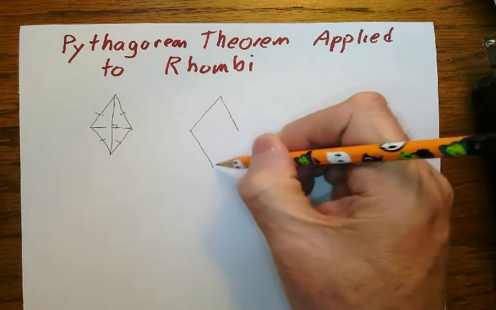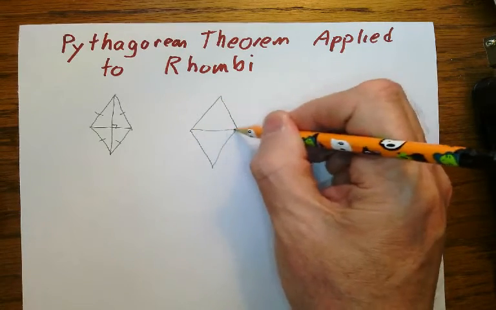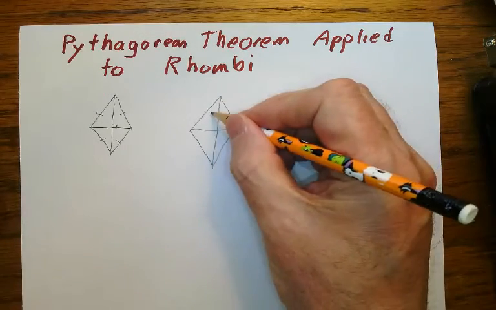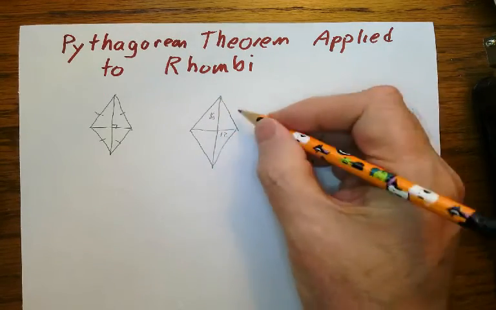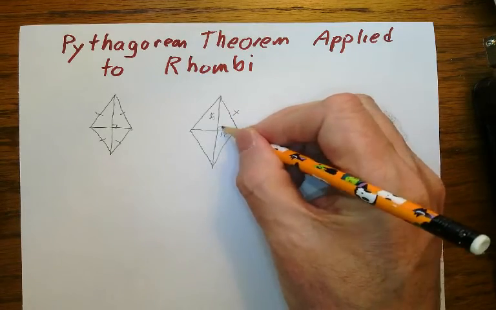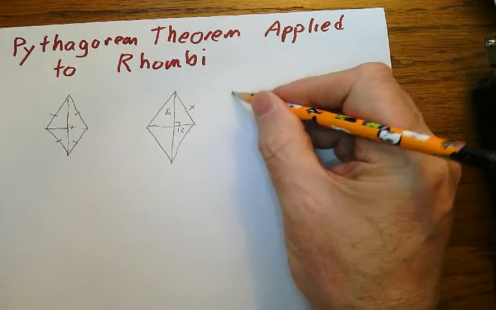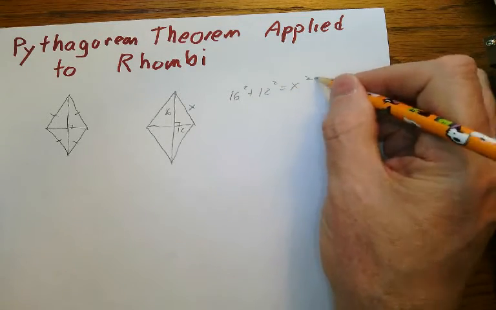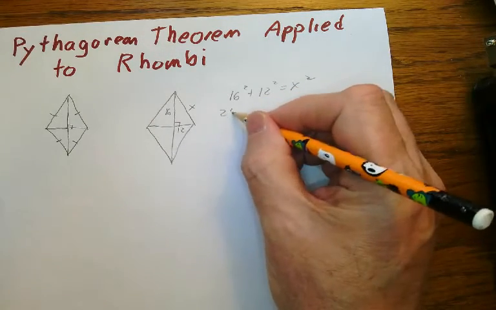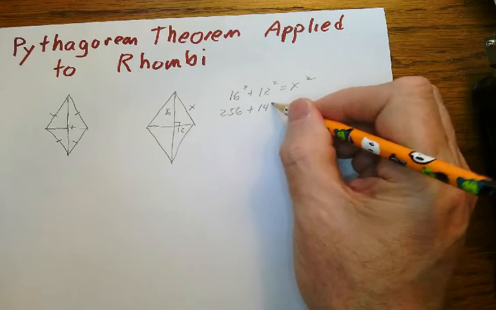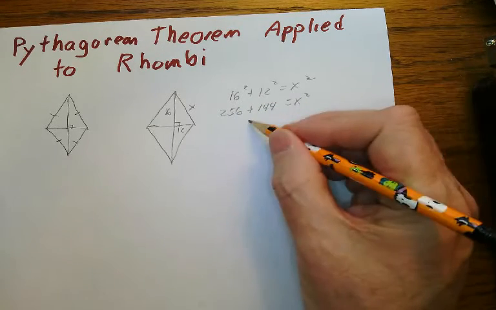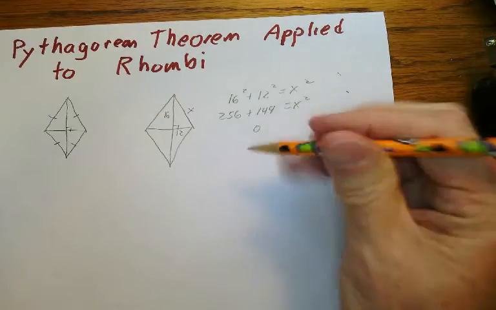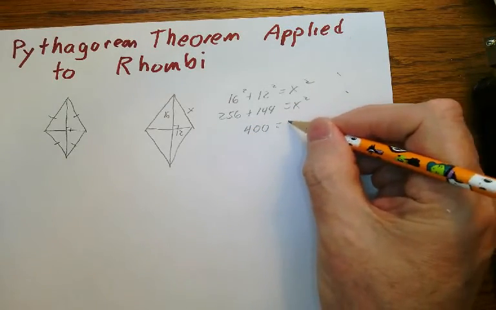So if we get a problem and we say this is 16 and this is 12, how can we find the side? Well, Pythagorean Theorem, 16 squared plus 12 squared is equal to x squared. 16 squared is 256 plus 144 is equal to x squared. 400 equals x squared.